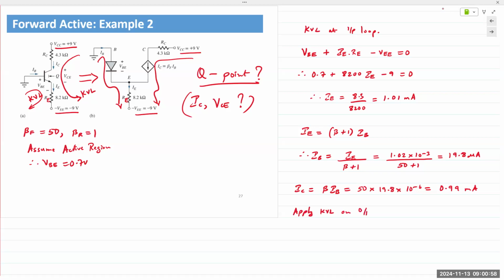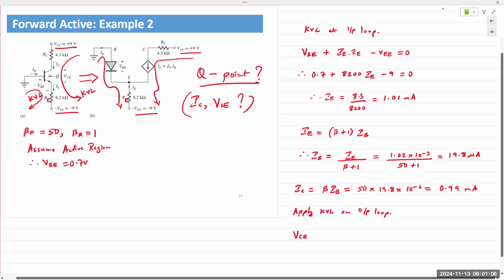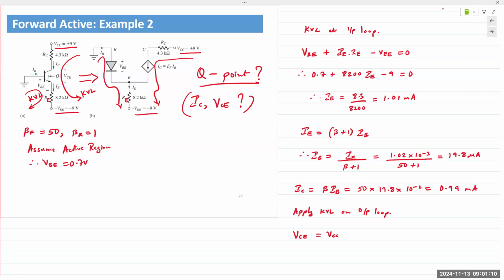Output loop. And then we can write VCE is equal to VCC minus IC RC plus VBE.